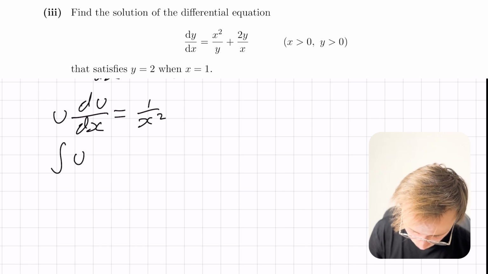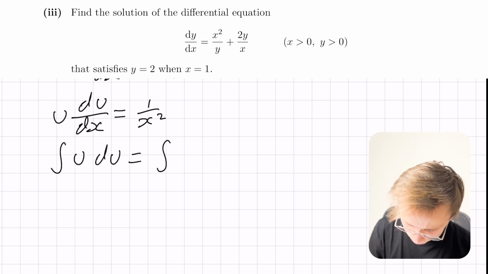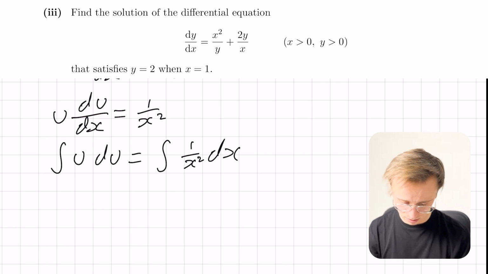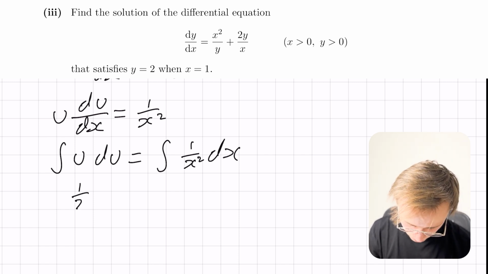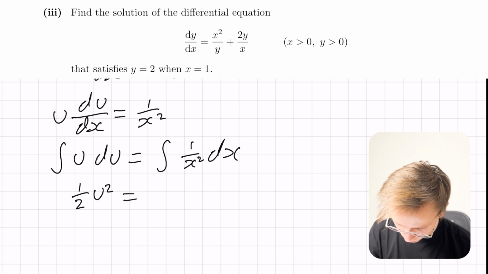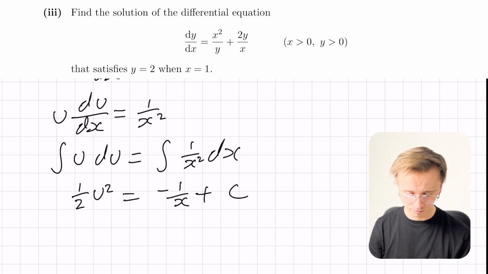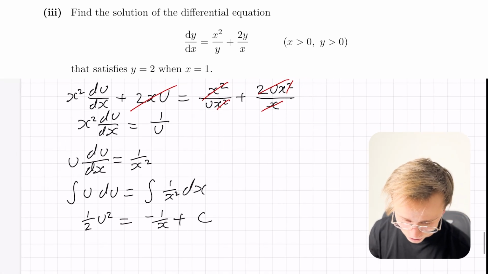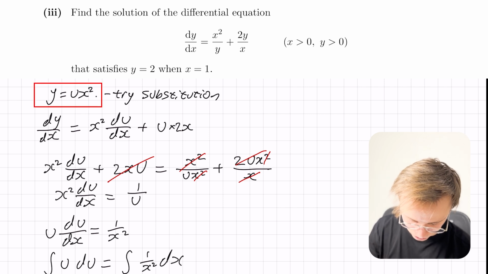So integral of u du equals integral of 1 over x squared dx. And then I have half u squared, again, equals minus 1 over x plus constant of integration. And then after doing this, plug in u, which is now different. U equals y over x squared.